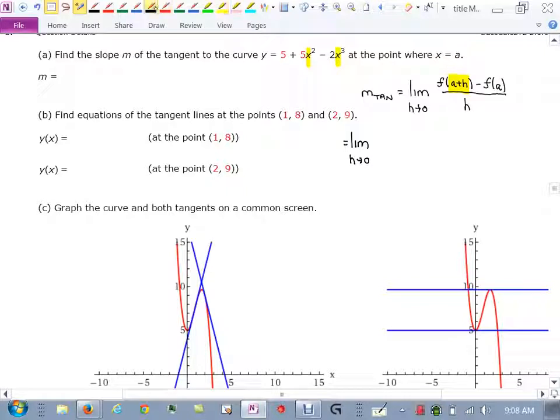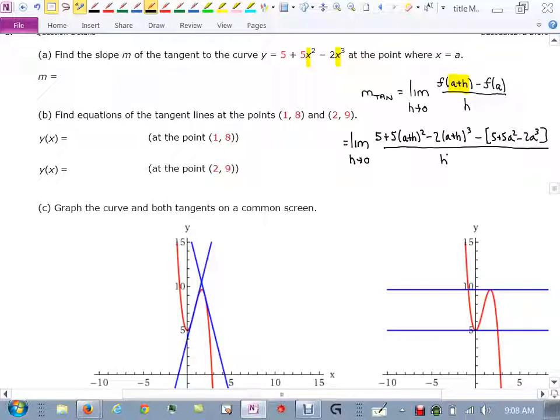We would get 5 plus 5 times a plus h squared minus 2 times a plus h cubed, and then minus, now this is important, f of a. Now f of a is what I get when I plug a in for x, and I'm subtracting the whole thing, so I'm going to have 5 plus 5a squared minus 2a cubed, all over h.